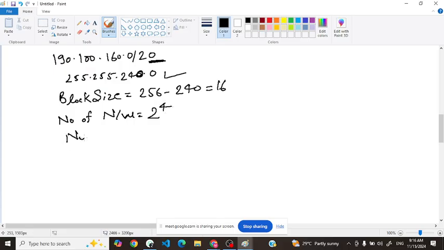Number of hosts will be 2 power 12 minus 2. Yes, that's correct.